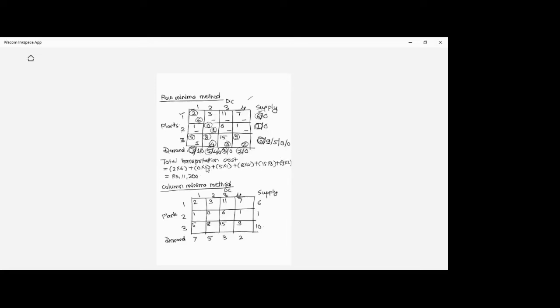Now here, a column is for a distribution center or a destination, and we are going to satisfy all the demand. Previously it was regarding the supply, now it is regarding the demand, right? We are going to satisfy the demand for that particular column, and only then move to another column, right?